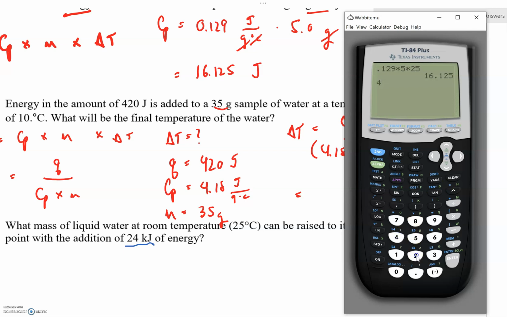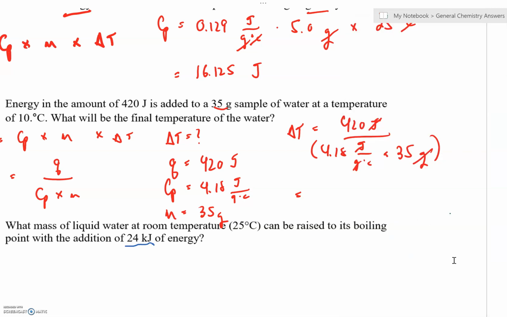We'll say 420 divided by 4.18 times 35, and notice that I have put the bottom in parentheses. That just makes sure it gets done first so the calculator doesn't get confused. And we get 2.87 degrees Celsius.